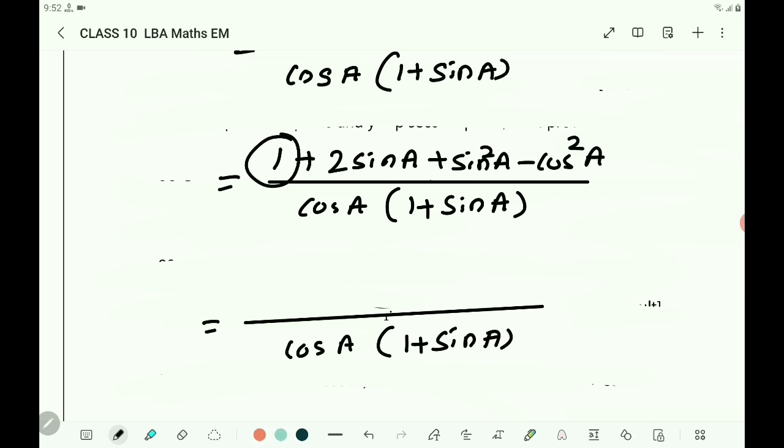In the place of 1, write sin square A + cos square A.